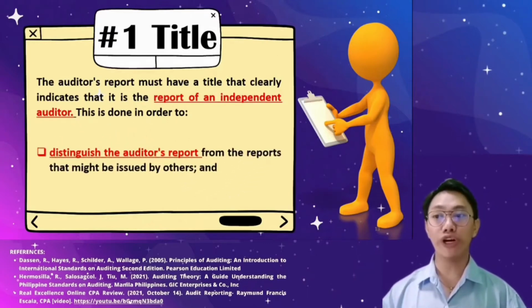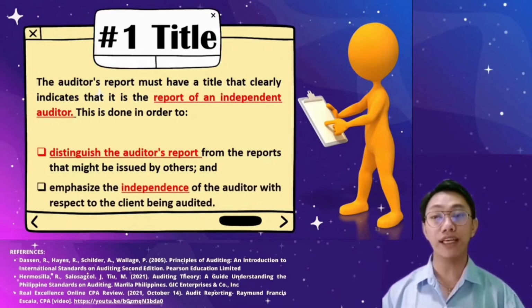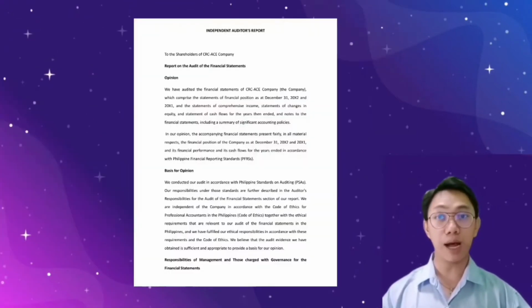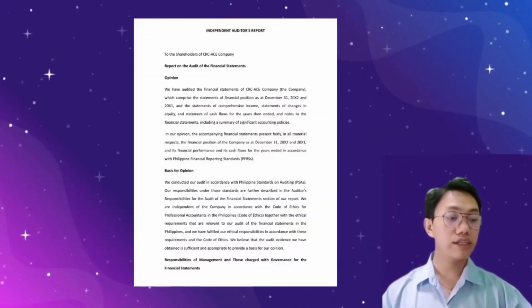This is done, first, to distinguish the auditor's report from the reports that might be issued by others. And the second one is to emphasize the independence of the auditor with respect to the client being audited.